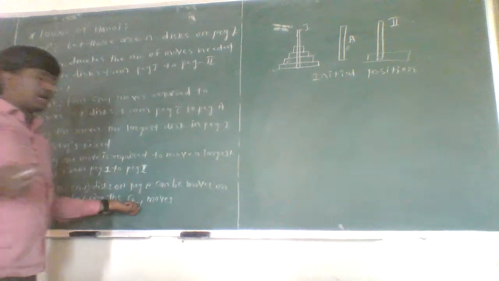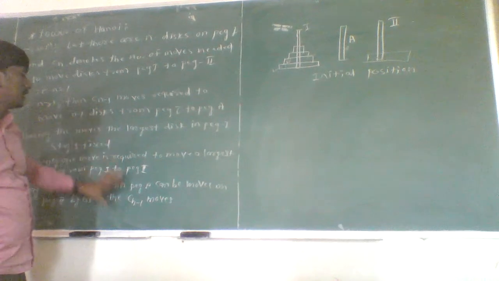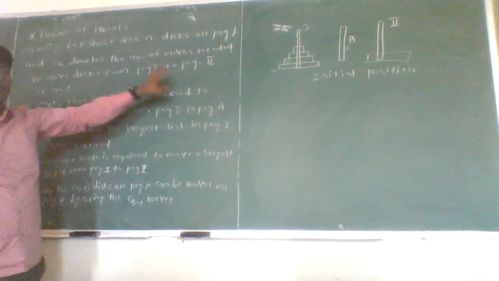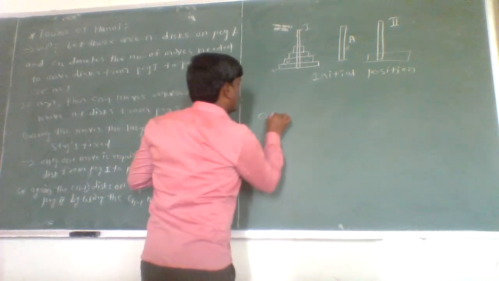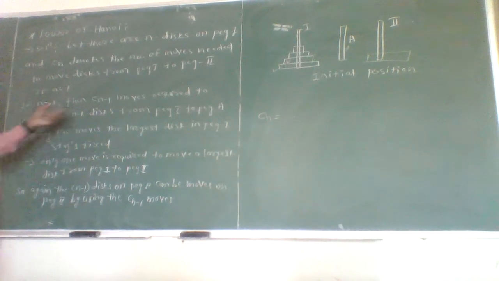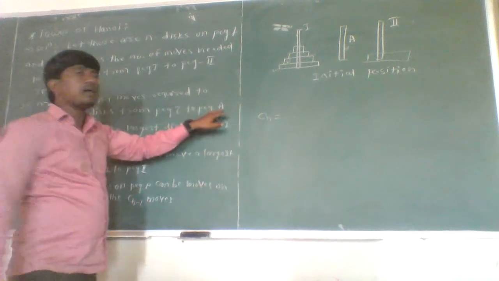These Cn minus 1 moves occur according to their relative position. Therefore, as Cn denotes the number of moves needed to move the discs from peg 1 to peg 2, for calculating Cn, first we take Cn minus 1 moves to move the discs from peg 1 to peg A.